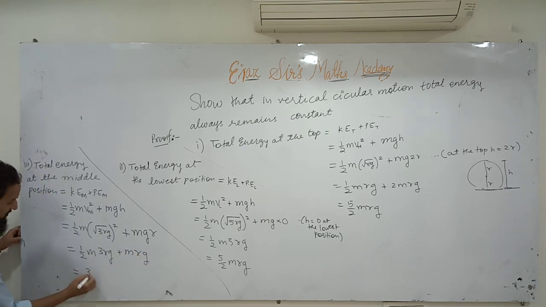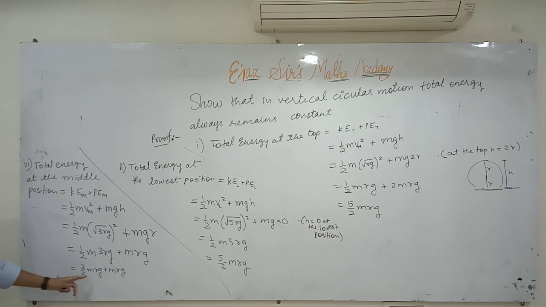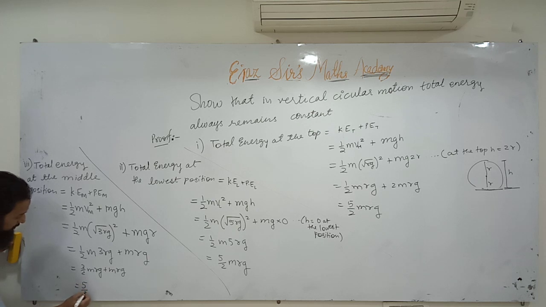So this will be 3/2 mRg plus 1 mRg. Take out mRg common and you will find it to be 5/2 mRg.